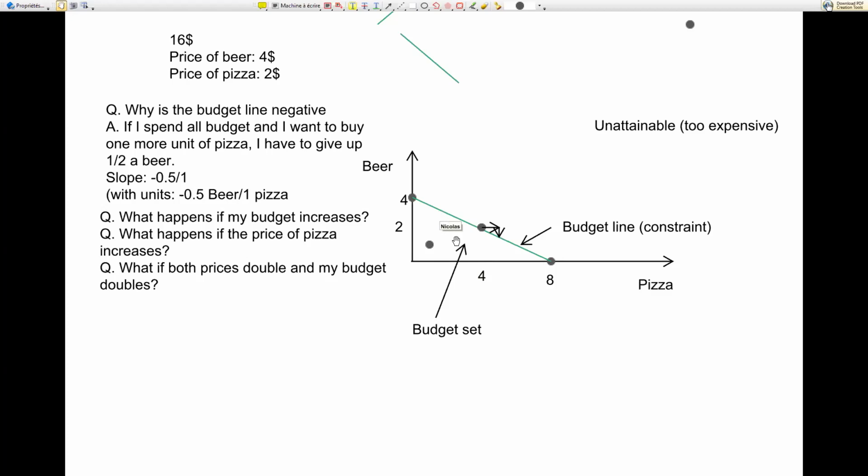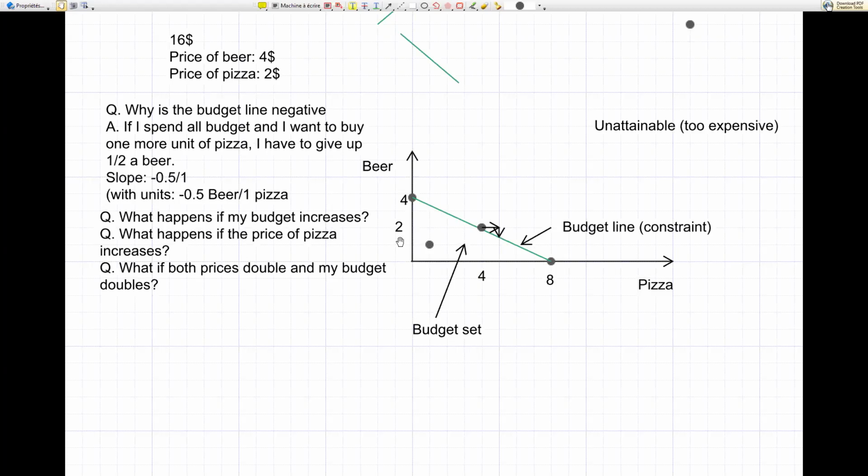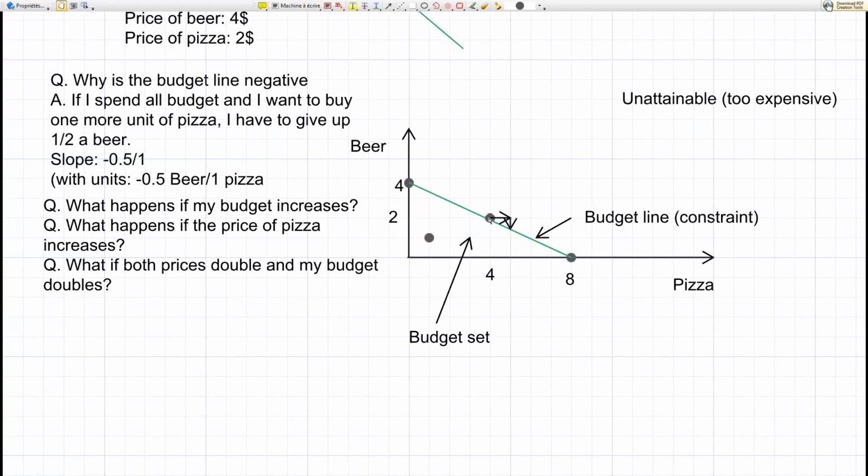And here I see that every time I increase the quantity by 1 unit, the quantity on the vertical axis decreases by 1/2. So the budget line, the slope is minus 1/2, minus 0.5 over 1.